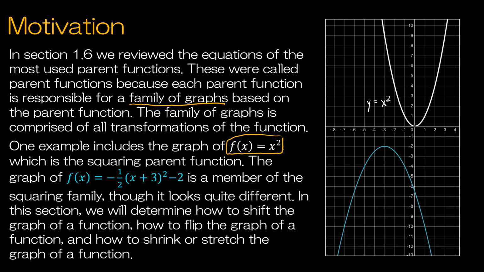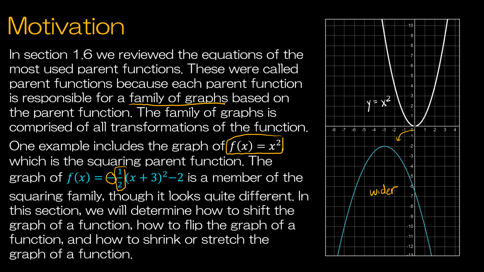Each of the things that I have done to this graph are things that we're going to learn about today. So let's take a look, and we're going to, of course, learn these in detail, each one, but let's take a look at what happened. The negative accounts for flipping this upside down. The 1/2 accounts for the fact that this is wider than it was before.